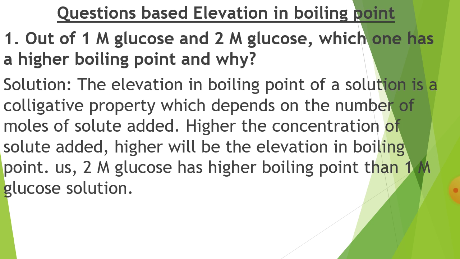Thus, 2 molar glucose has a higher boiling point than 1 molar glucose solution. So this type of question you have to solve like this. Got it? Now next question.